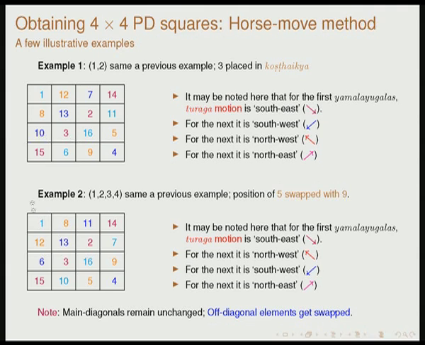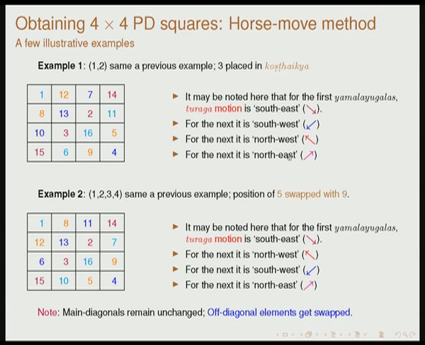Similarly, 12 and 8 have got swapped here, 6 and 10 have got swapped, 9 and 5 have got swapped. So, this is the kind of motion that we have for the Yamala Yugalas, and the first and the last remain the same, these two have got swapped.